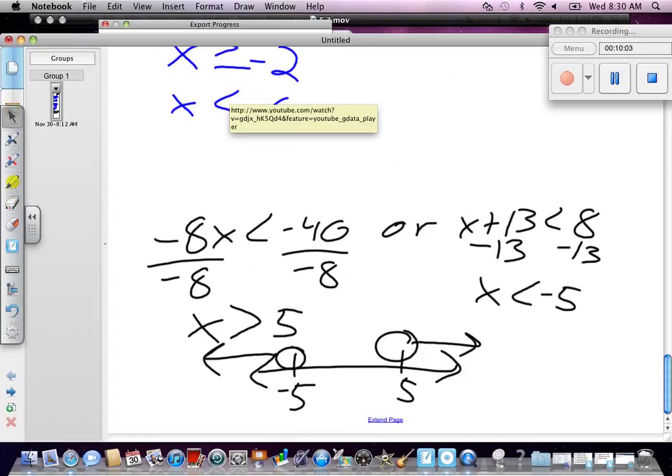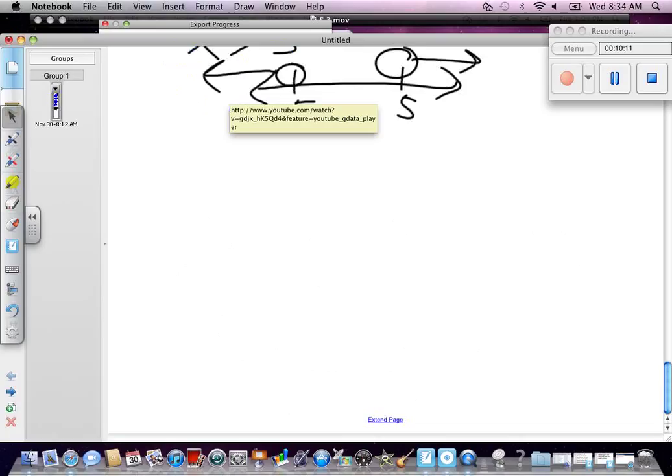Let's try one on our own. Ladies and gentlemen, let's go ahead and look at 21. 21 is 4 absolute value x minus 2 equals 44. Okay, first of all, do we have everything inside the absolute value, or do we have anything outside? Outside, so we've got to get rid of that 4.